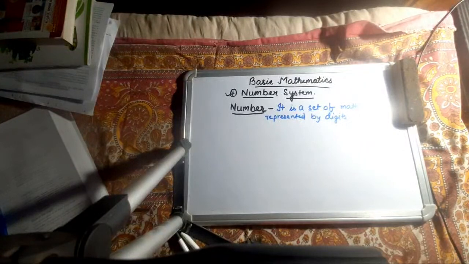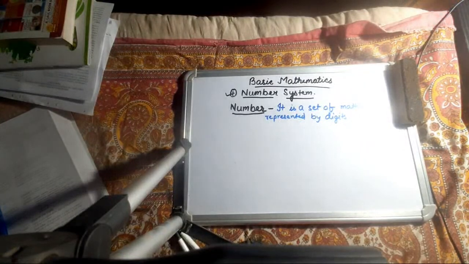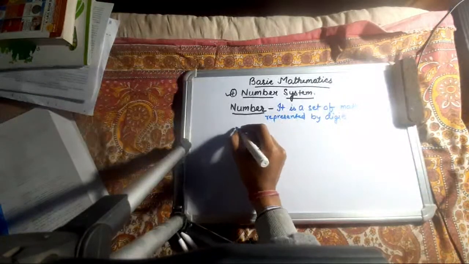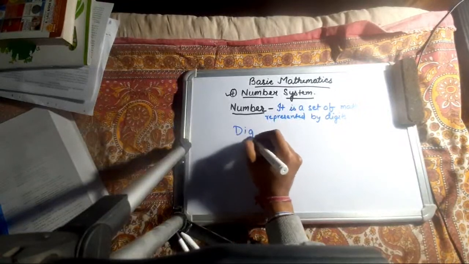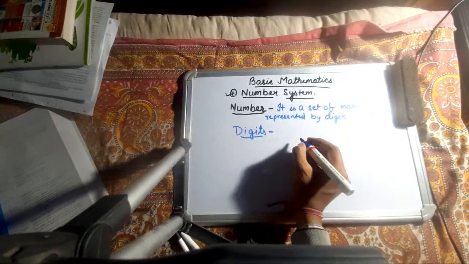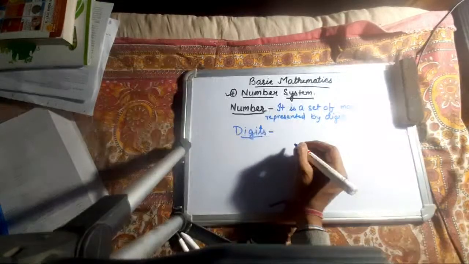Now coming on to our next part, that is, what are digits? So digits are generally the basic symbols that we use in mathematics.